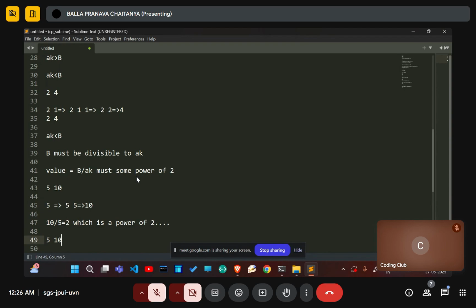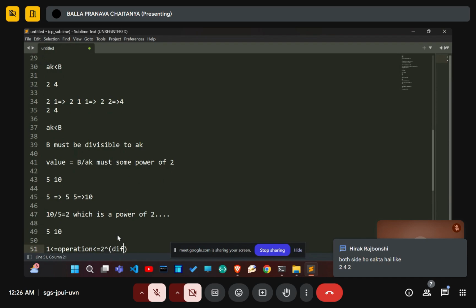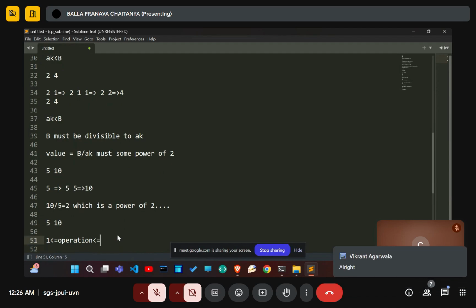So there are two cases here. This means we can only make the operations go from 1 to 2 raised to the power of the difference.